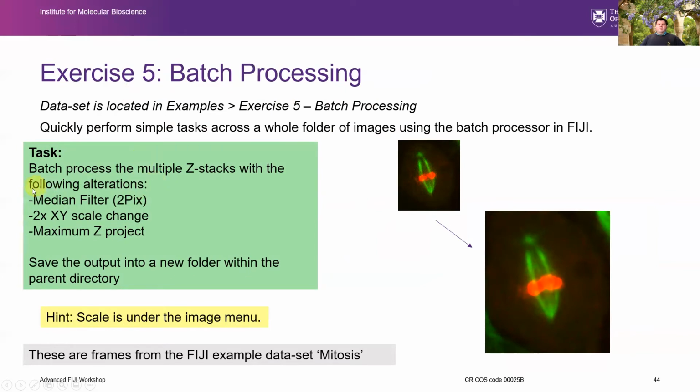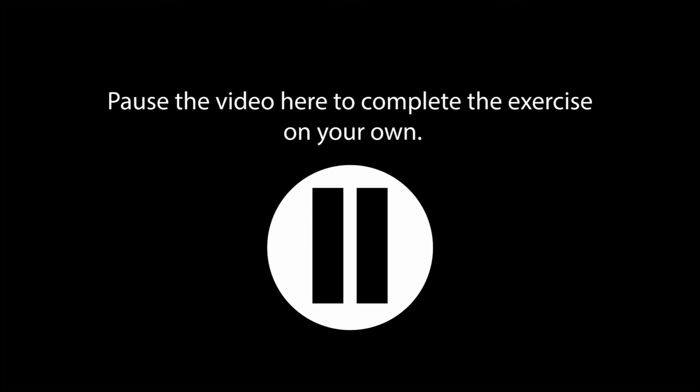We're going to apply a median filter of 2 pixels. We're going to then scale that image up 2 times in X and Y, and we're going to perform a maximum projection and save that output into a new folder within the parent directory.